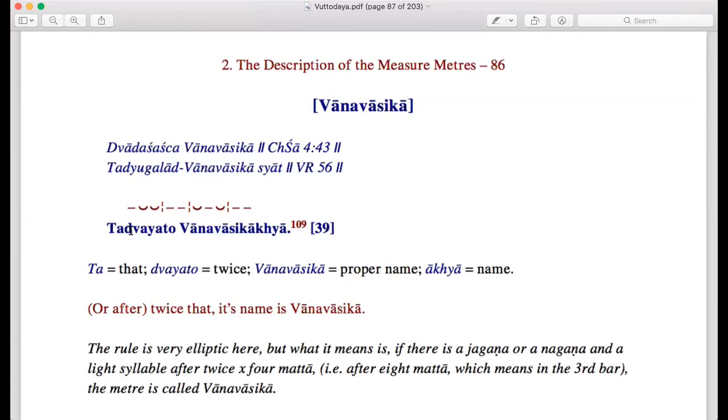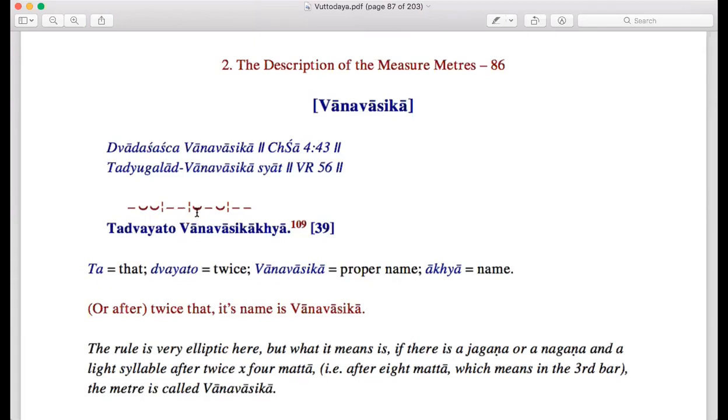So let's check for the rules here. Tad 2 measures, va 3, ya 4, to 6. Tad 2, va 3, ya 4, to 6. 6 measures here.